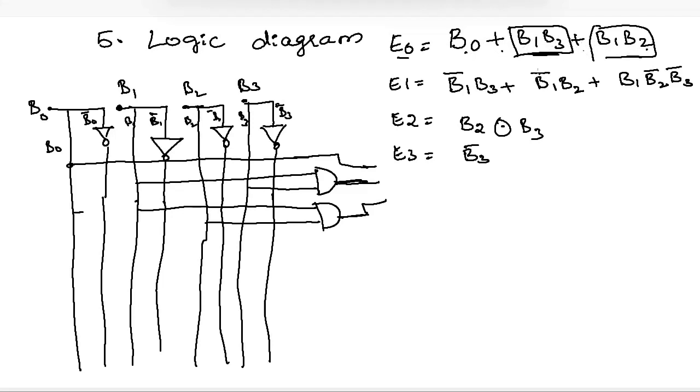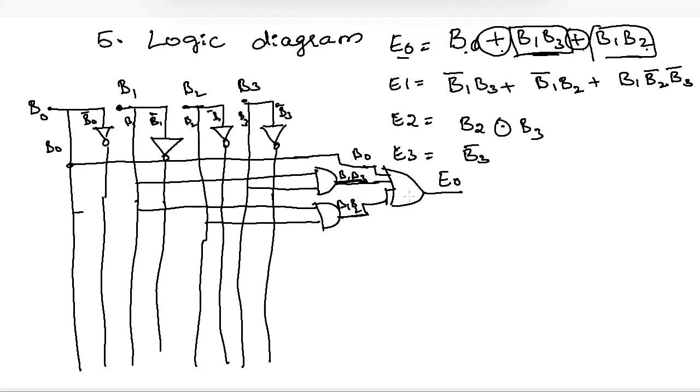So draw the OR gate here. It is the OR operation. Finally we get E0. So E0 equal to, first line is B0 line, second line is B1 into B3, and third line is B1 into B2. So we get E0 line.